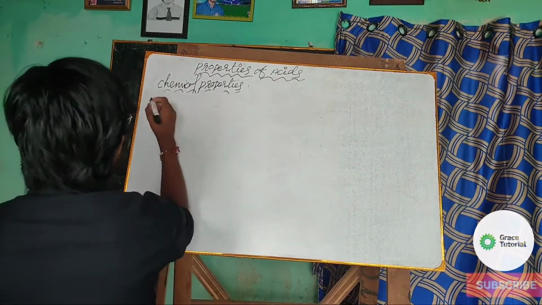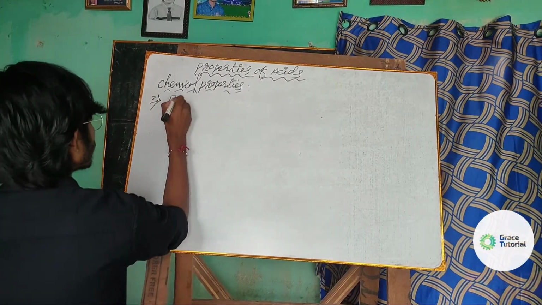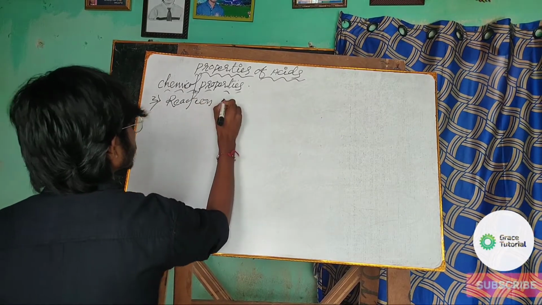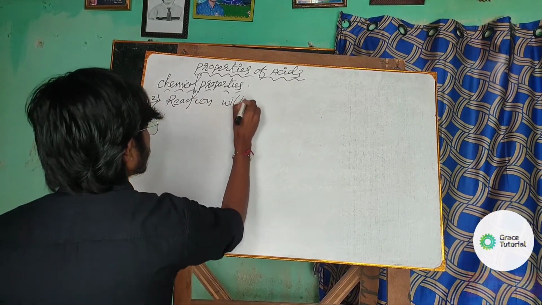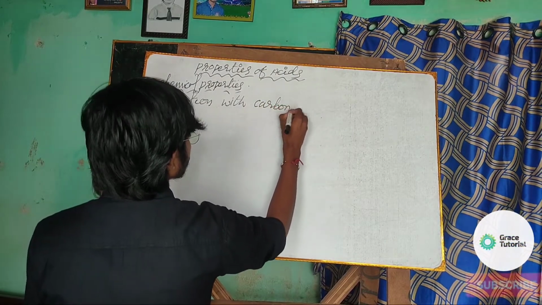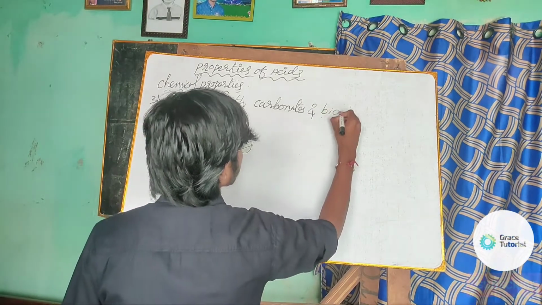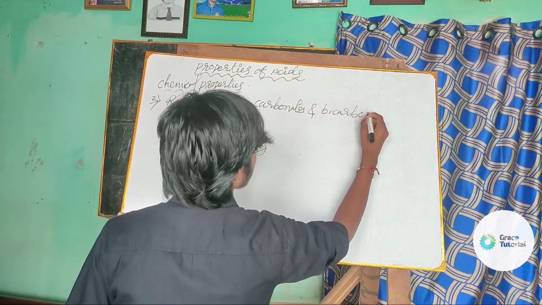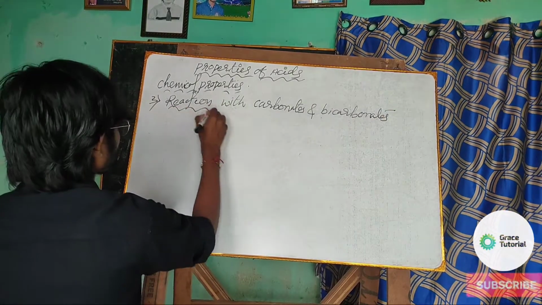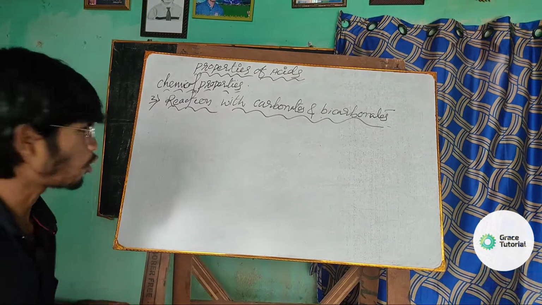So the third chemical reaction is reaction with carbonates and bicarbonates. What happens if the acid reacts with carbonates and bicarbonates?